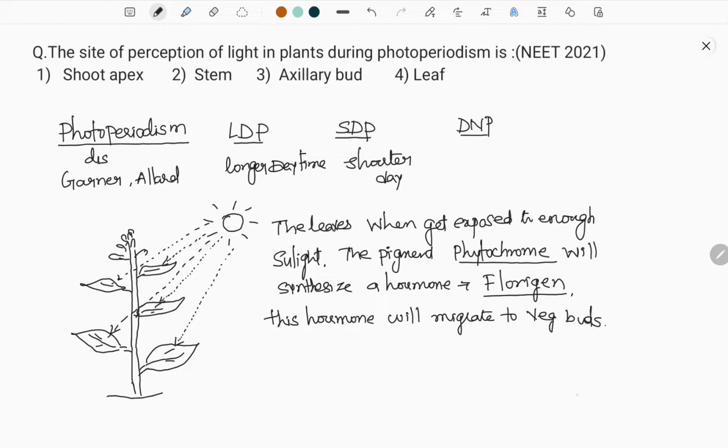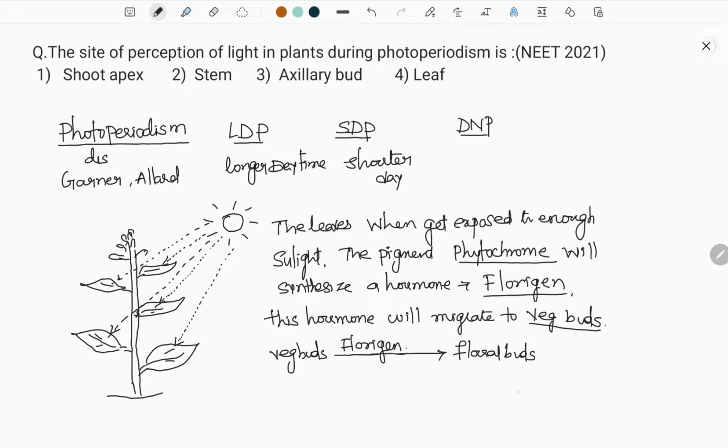When Florigen reaches the vegetative buds, it transforms them into floral buds.